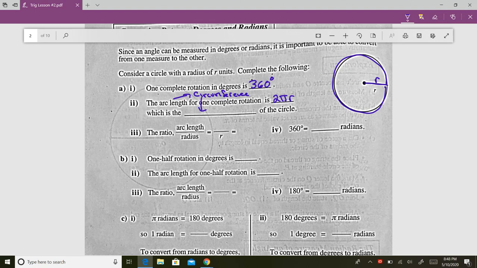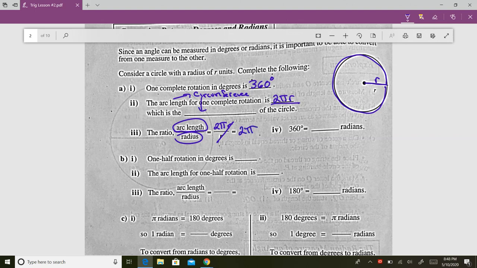So what we can say is, if I want to measure something in radians, it's arc length over radius. We know the arc length of a full circle is 2 pi r, over the radius. So that's 2 pi.